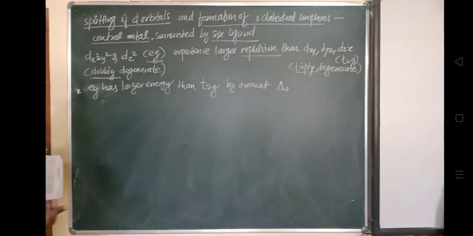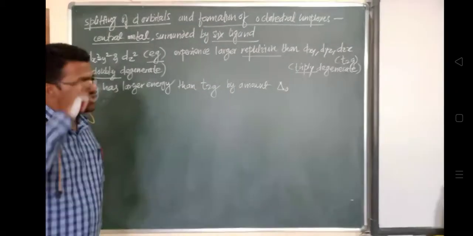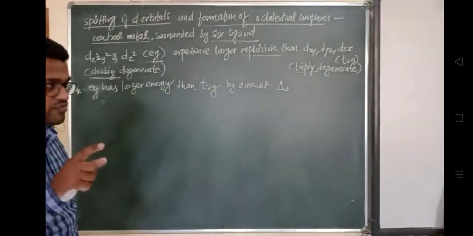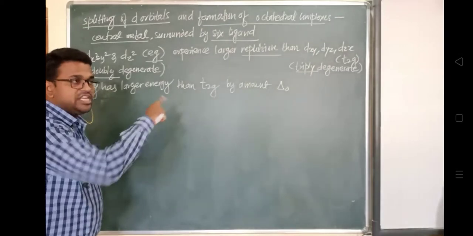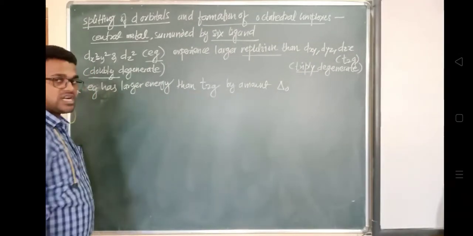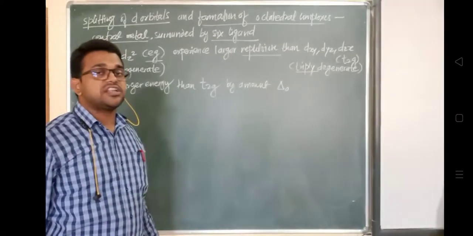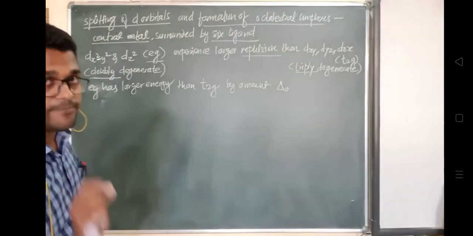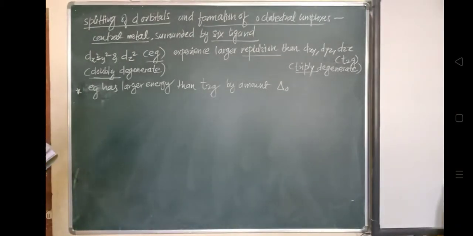How much is the difference between these two sets? Delta naught is the difference, and we have called it the crystal field splitting parameter. So this delta naught amount, the delta naught parameter. Now what is this delta naught parameter?